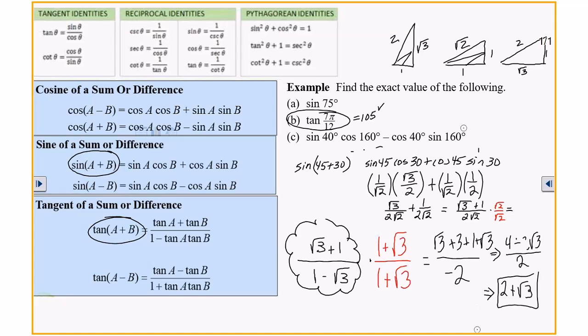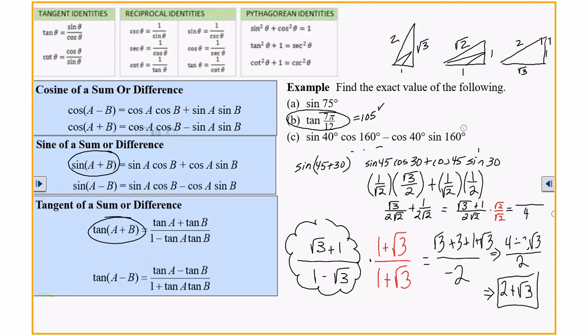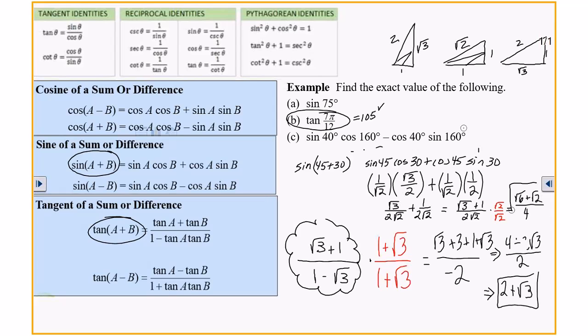And that's going to equal 2 times 2, which is 4 on the bottom, and square root of 6 plus square root of 2. Y'all check me on that. Y'all didn't check me very well on the last one, but I think that's the answer to that one. That's what I got. Okay, thank you.